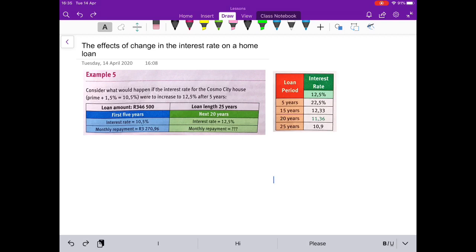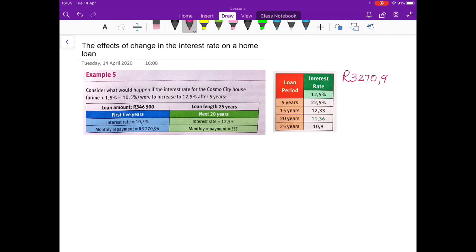The life of the loan was 25 years. You use the factor table to calculate the monthly repayments, and those monthly repayments were 3,270 Rand 96 cents.